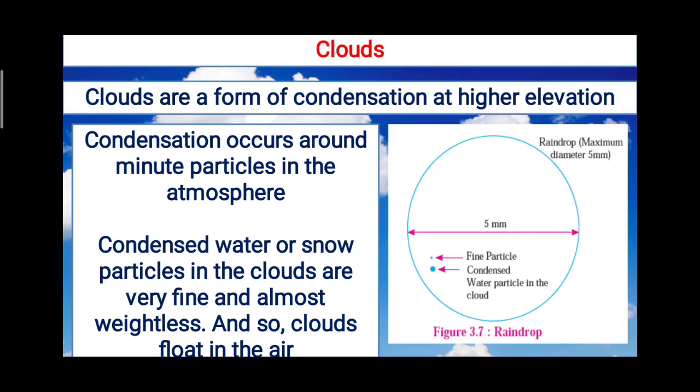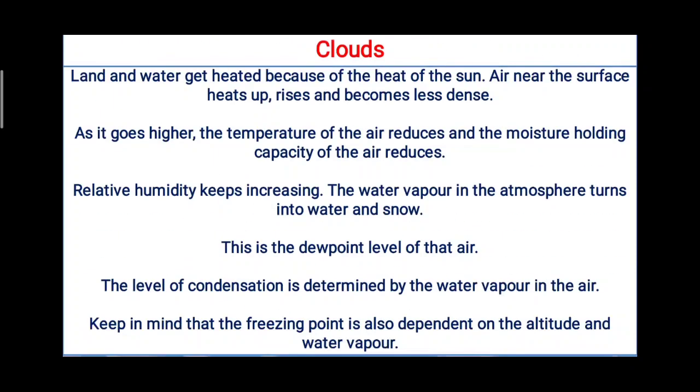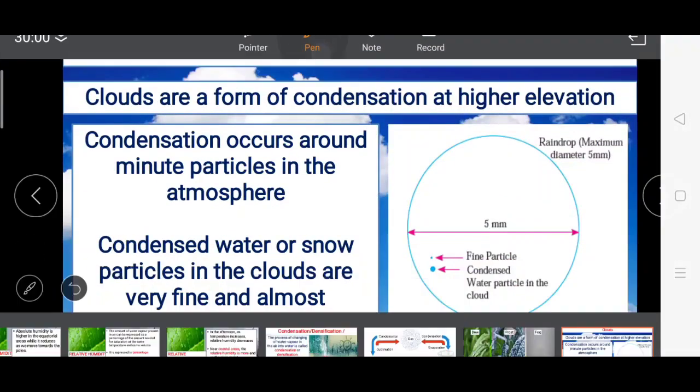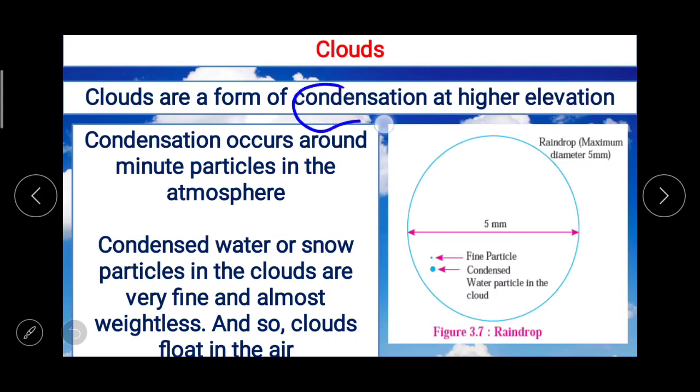The first thing which is very important to understand about clouds is that clouds are a form of condensation at higher elevation. Now about condensation we already discussed in the first part.